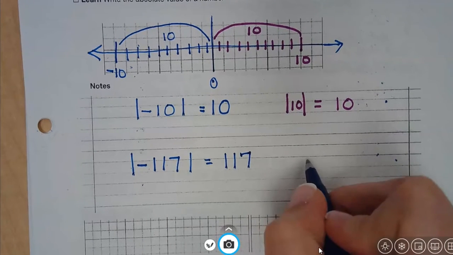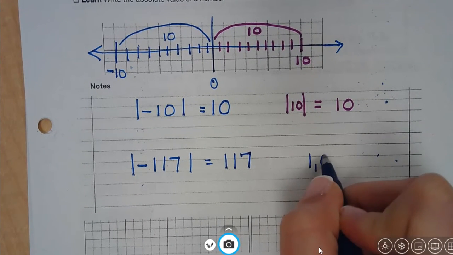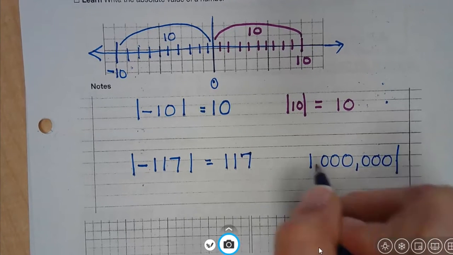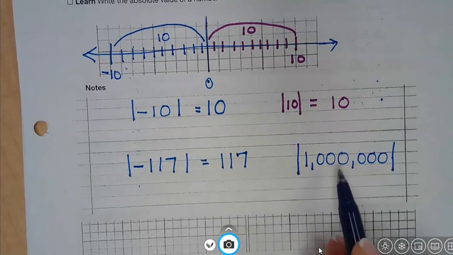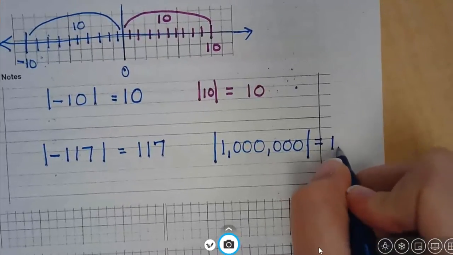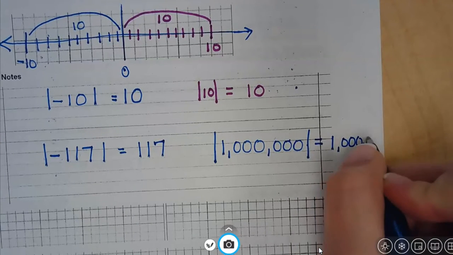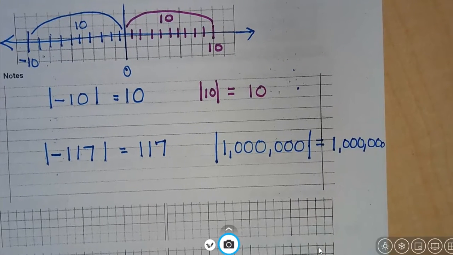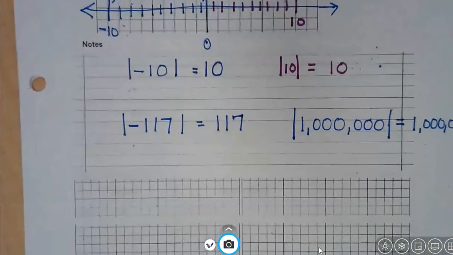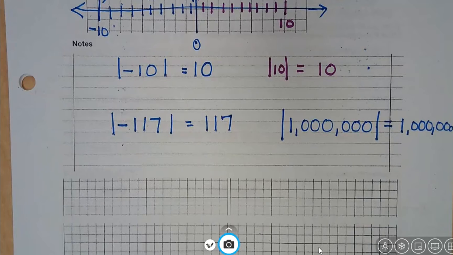Just like if I had 1 million, whether it's positive or negative, if I put it in the absolute value symbols, that one's going to be 1 million away from 0.